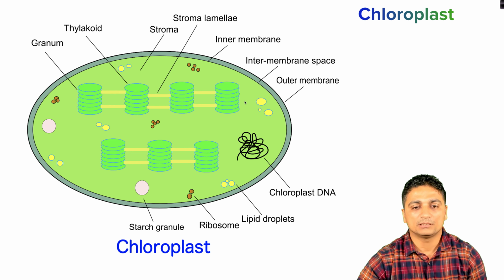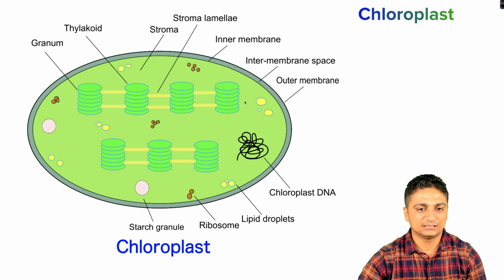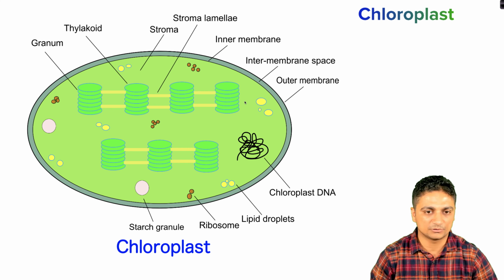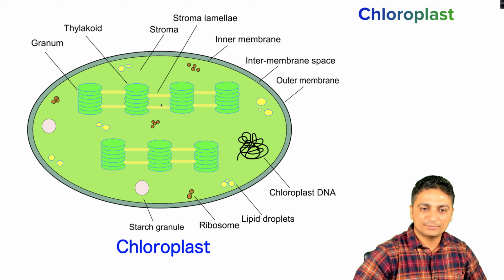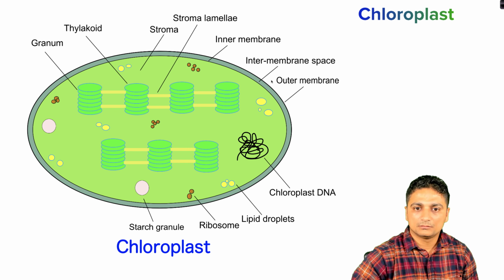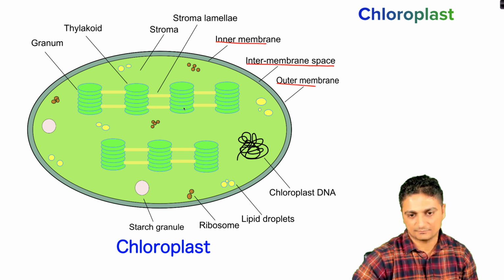Chloroplasts are one of the main cell organelles in plant cell, and this one is green in color, and we see that green color in plant is due to the presence of chloroplast. And chloroplast is a double membrane organelle. It contains outer cell membrane, inner cell membrane, and the space between the outer and inner is called intermembrane space.